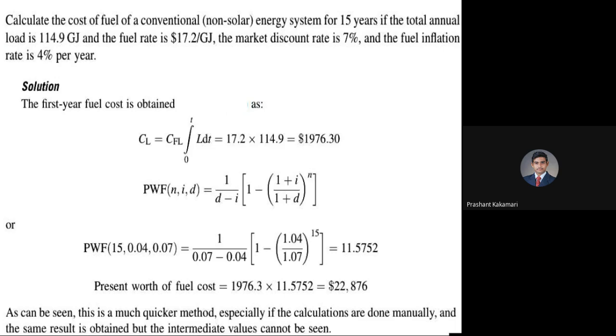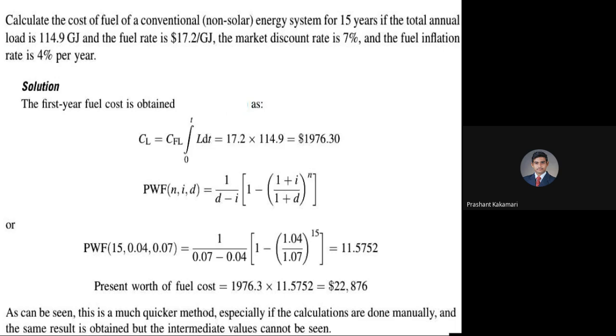So for the first year, it is coming around $1,976.30. This dollar can be compared and changed as per today's rupee value. So 1976.30 rupees or dollars is the cost of fuel required in the first year.